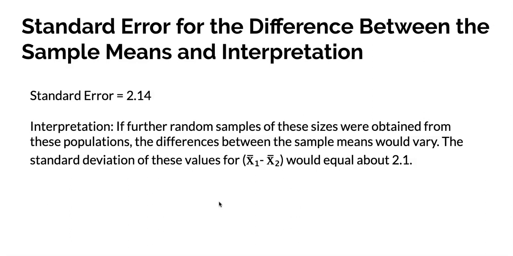Of course, there's going to be some variation, but the standard deviation of these varied values for x1 bar minus x2 bar would be about 2.14. So the standard error is the standard deviation of the difference in sample means if you continue to take samples of the same sizes from these two populations. So that's what they're talking about. I just wanted to include that.